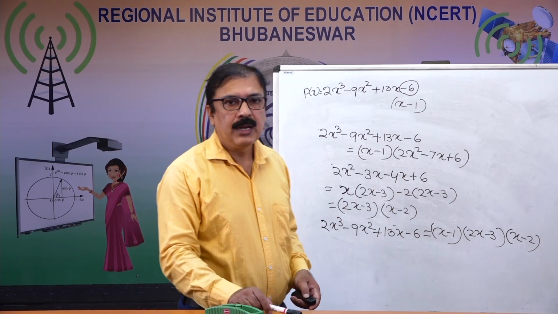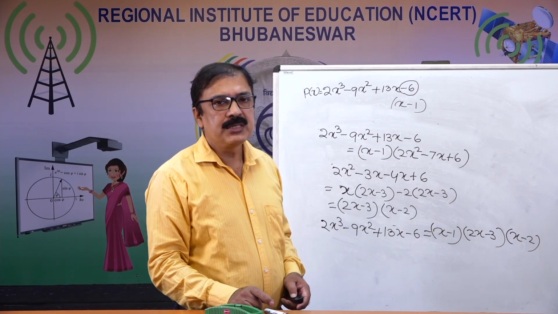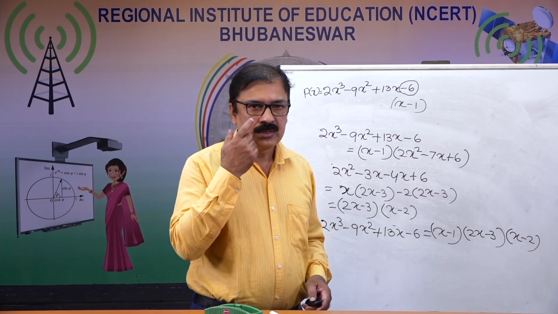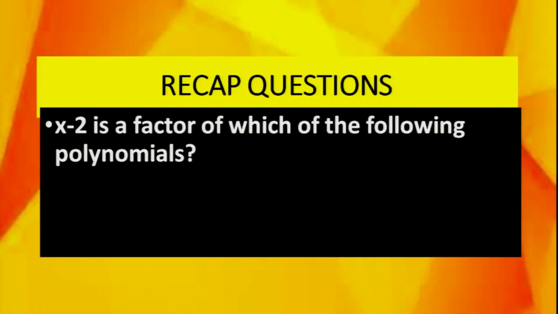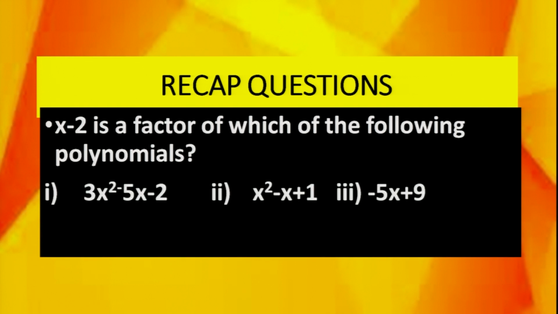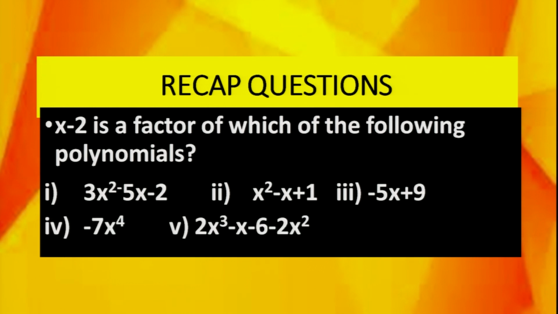Now let's see some questions to use the factor theorem. Here x minus 2 is a factor of which of the following polynomials? Some polynomials are given: 3x square minus 5x minus 2, x square minus x plus 1, minus 5x plus 9, minus 7x to the power 4, and 2x to the power 3 minus x minus 6 minus 2x square.